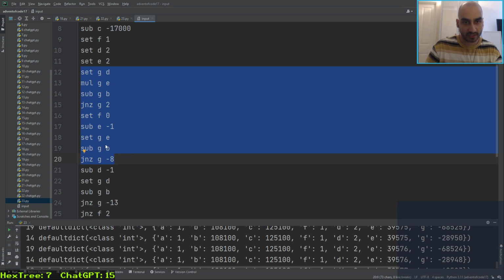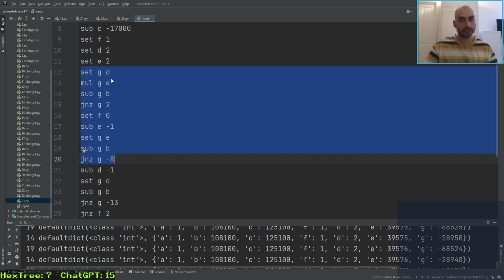Let's see if we can separate this block, to turn this block into something. So let's see. We set g to be d, multiply g by e, subtract b. Set f to be 0. So if g is 0 here, then f is 0. Interesting.